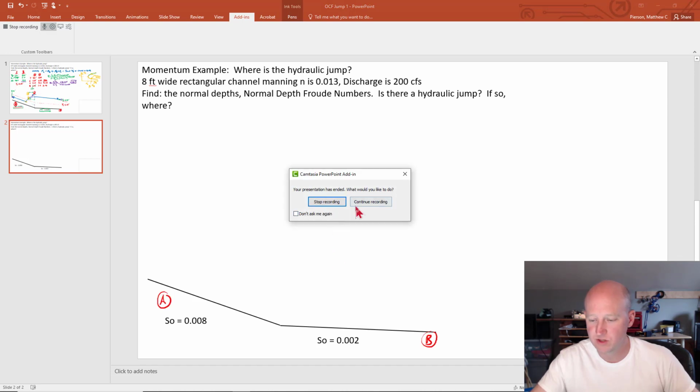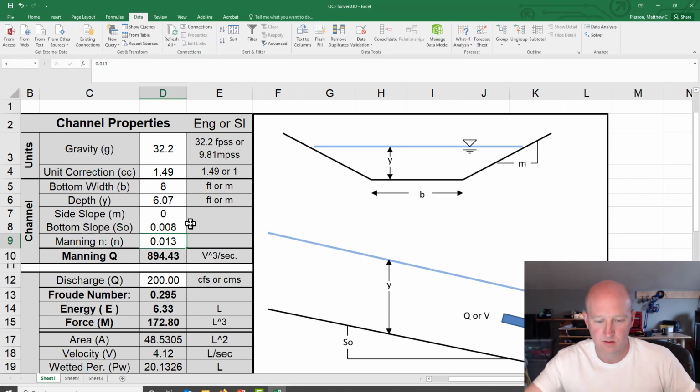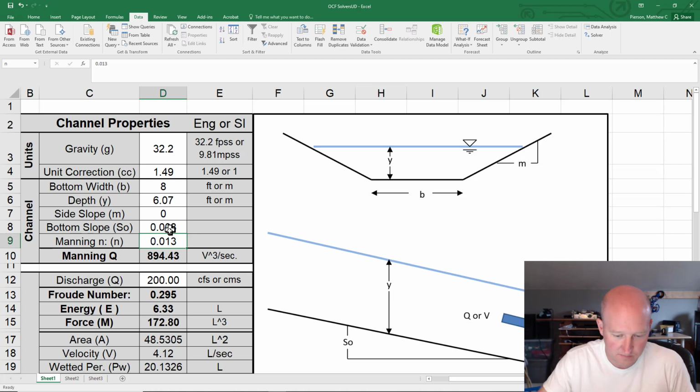So we've got all the information for section A, but we need to get the info for section B. Let's go to the spreadsheet. So we need to find out what the downstream normal depth is going to be. So let's put that bottom slope in.